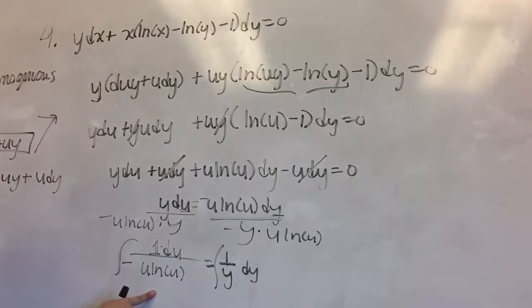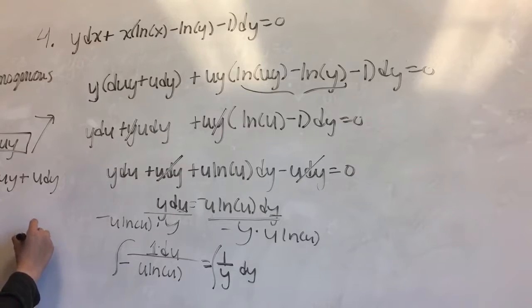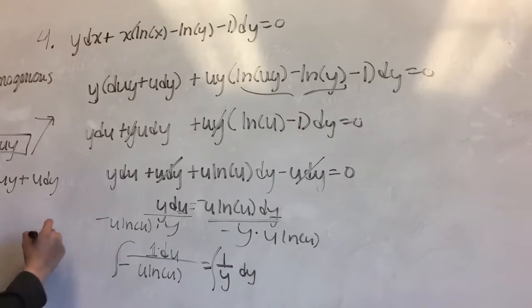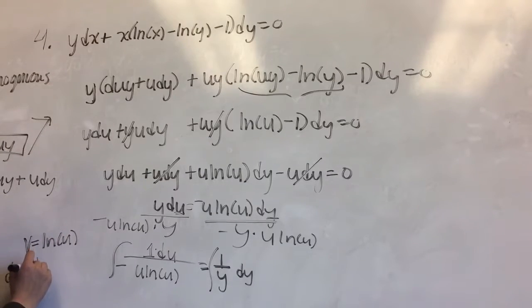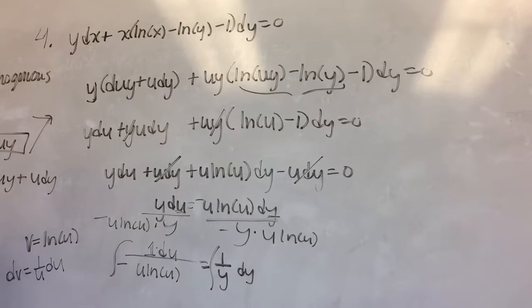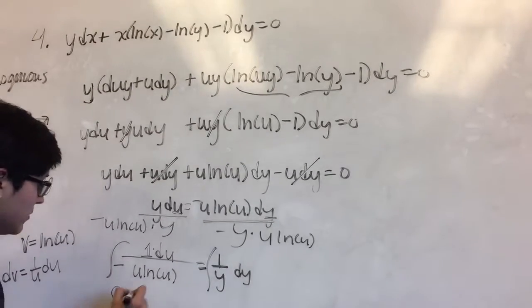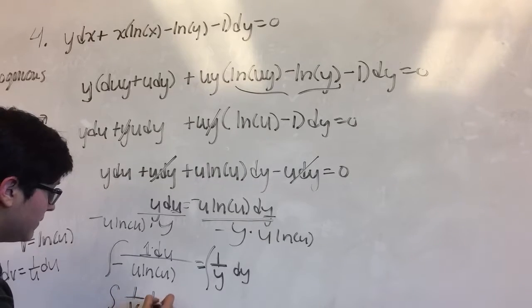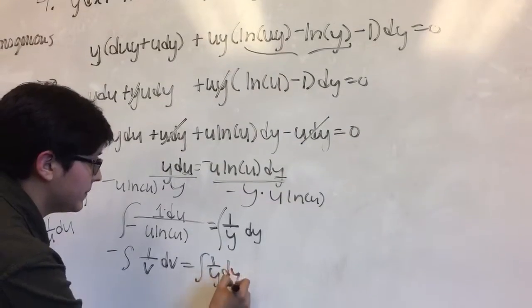And in order to integrate this, we can use a substitution. We can say that v is equal to ln of u. So dv is equal to 1 over u du, which we have a 1 over u du. So we can say the integral of 1 over v dv is equal to the integral of 1 over y dy.